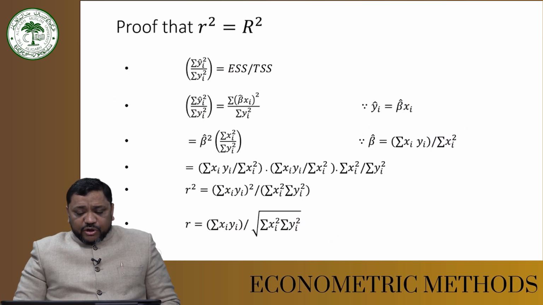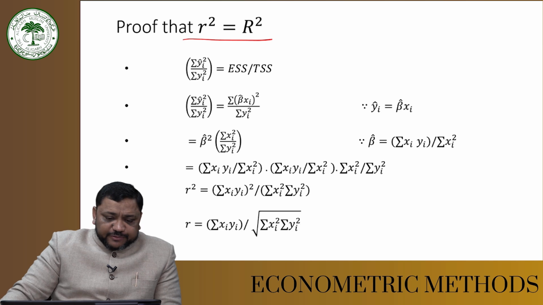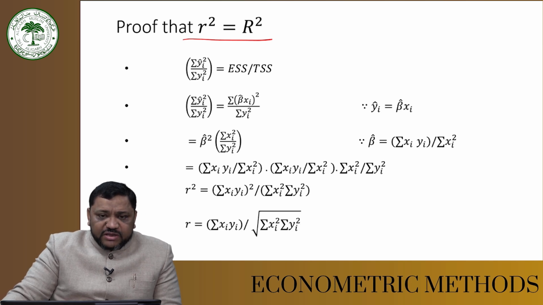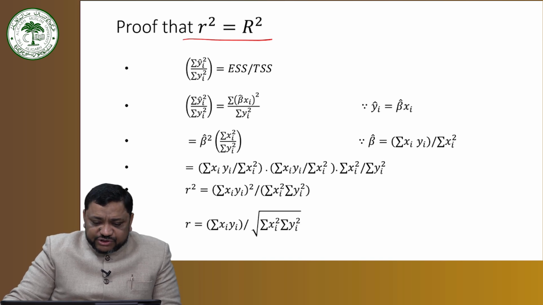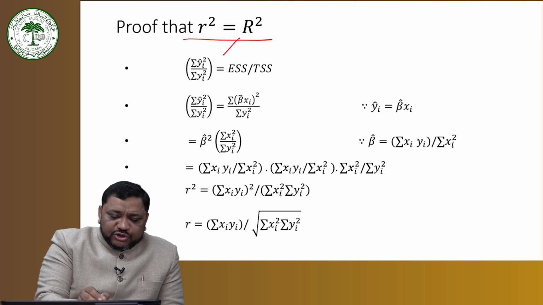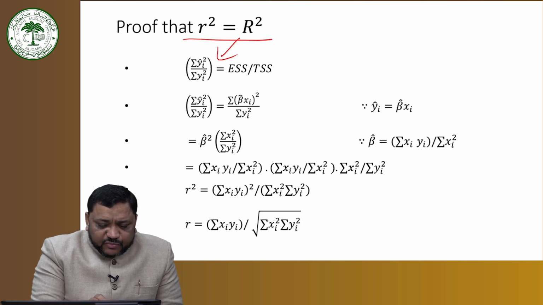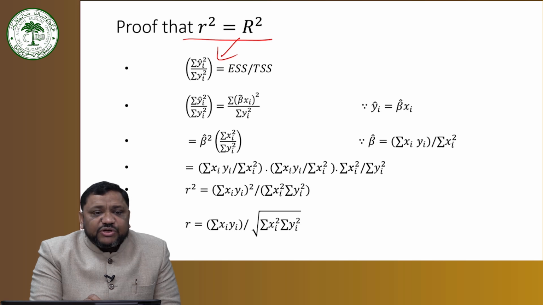Now we are going to prove that this r square is equal to the small r square, that is, the square of the correlation coefficient is nothing but the coefficient of determination. So r square we can write as summation small y hat square divided by summation y square. This is equal to explained sum of squares divided by the total sum of squares.